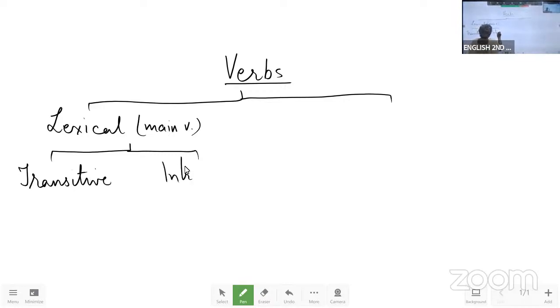When we ask children what intransitive sentence is, many of you are not aware. Intransitive sentence you have in the verb patterns.